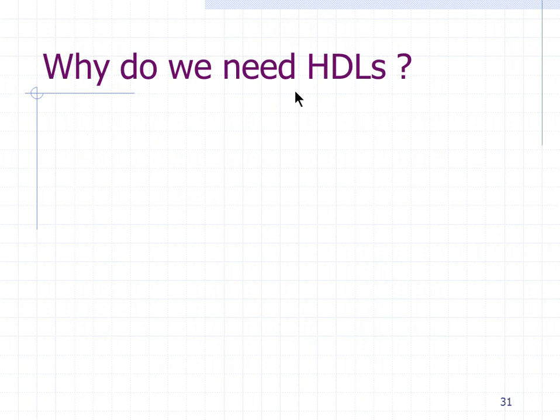Well, I think HDL is meant to describe the logic of how the hardware should work. But that can also be done using schematics, for example. Yes, that can be done using schematics.